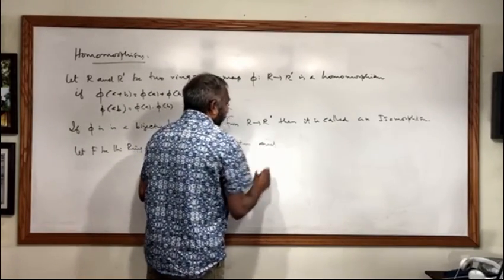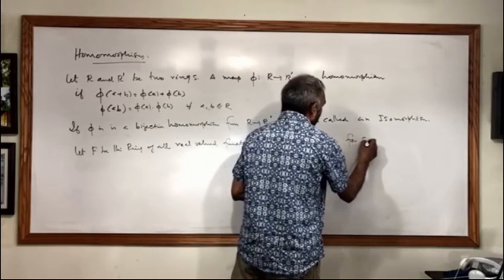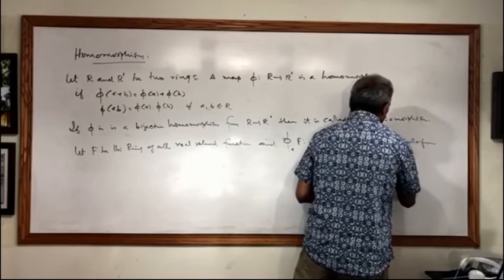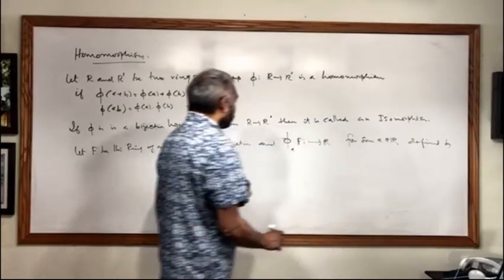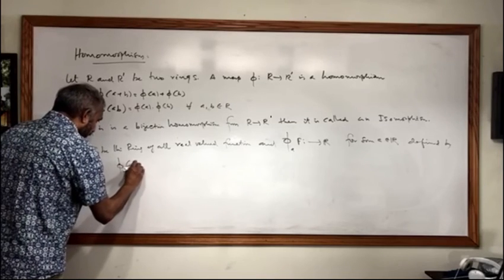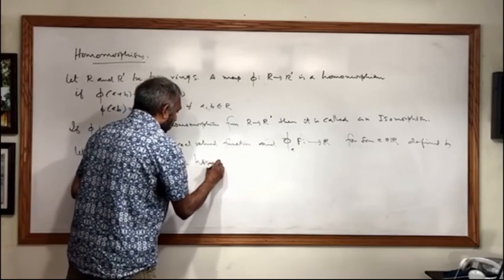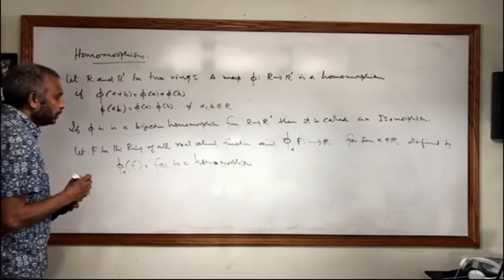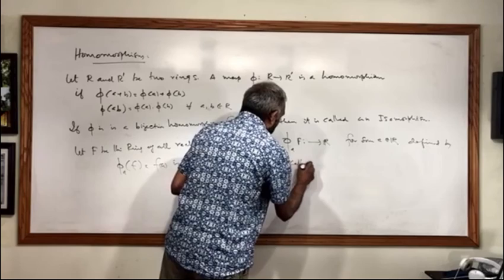And phi of A from F to R, for some A in R, defined by phi of A of f is equal to f of A, is a homomorphism. It is called the evaluation map.